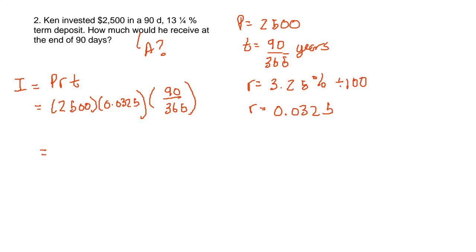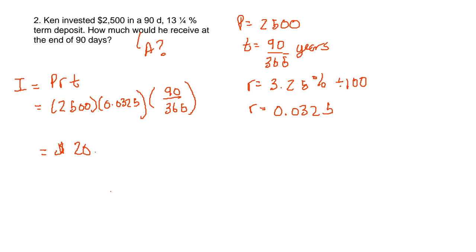So let's do that in my calculator. 2500 times 0.0325 times 90 over 365. So I'm getting $20.03. That seemed low to me, but he's only putting it in for 90 days, so that's actually probably correct.